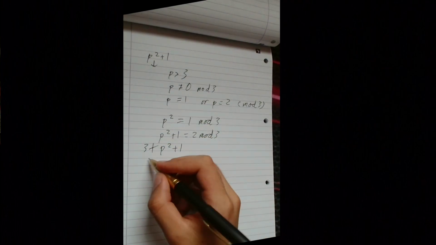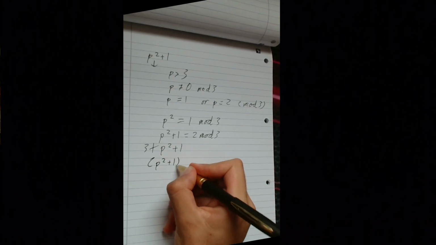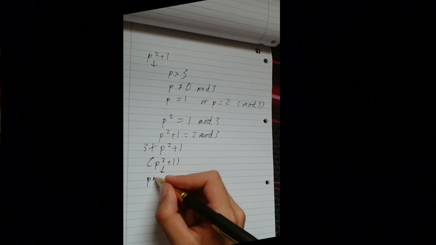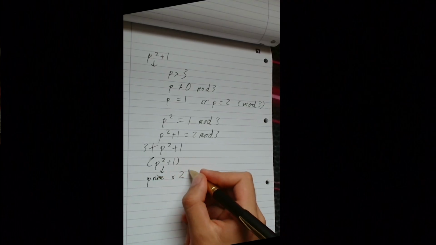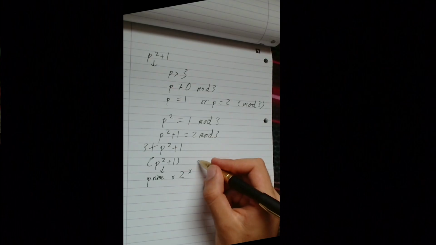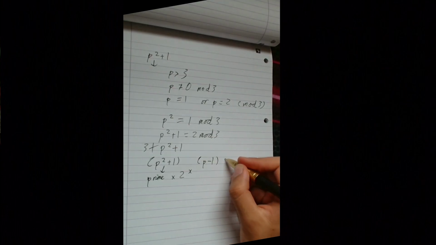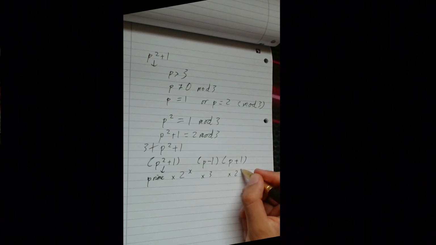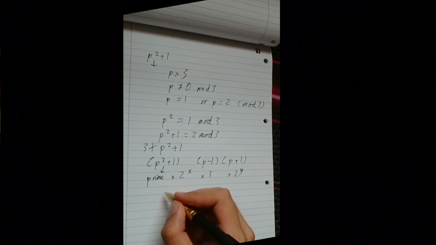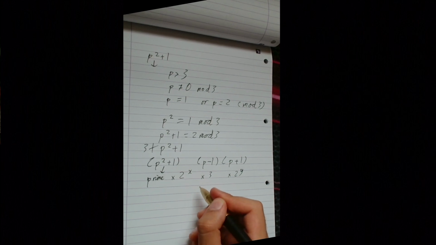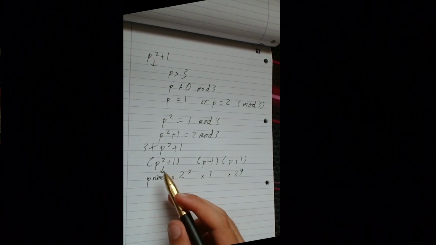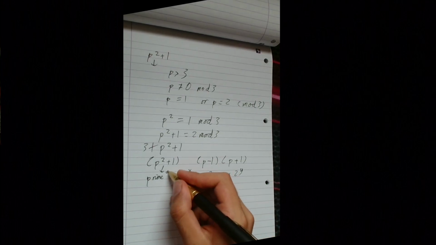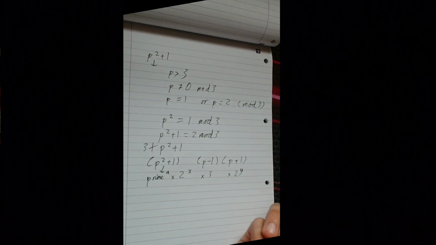So that means that p squared plus 1 is either itself a prime multiplied by some power of 2, where it is then multiplied by at least one multiple of 3 and some more powers of 2, which means that the minimum number of factors we could have is if this p squared plus 1 was to be a prime or a prime to some power, one of the two.